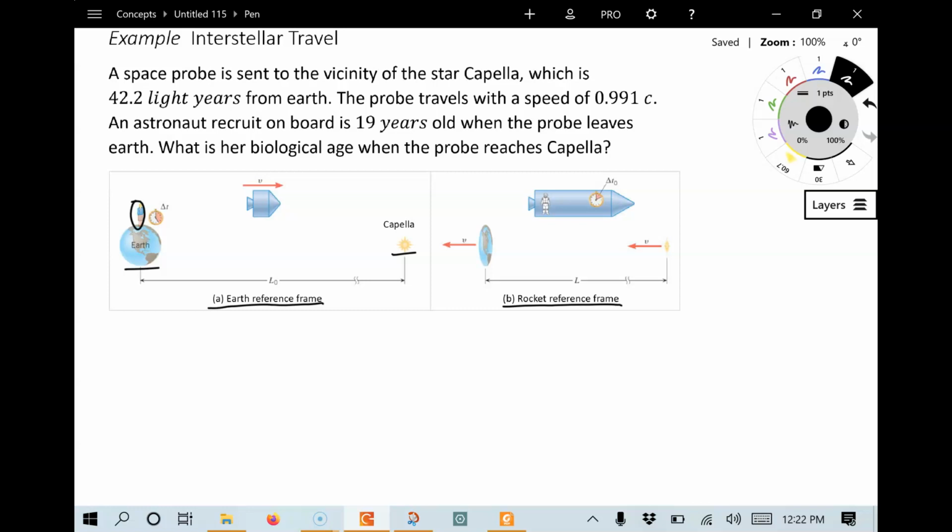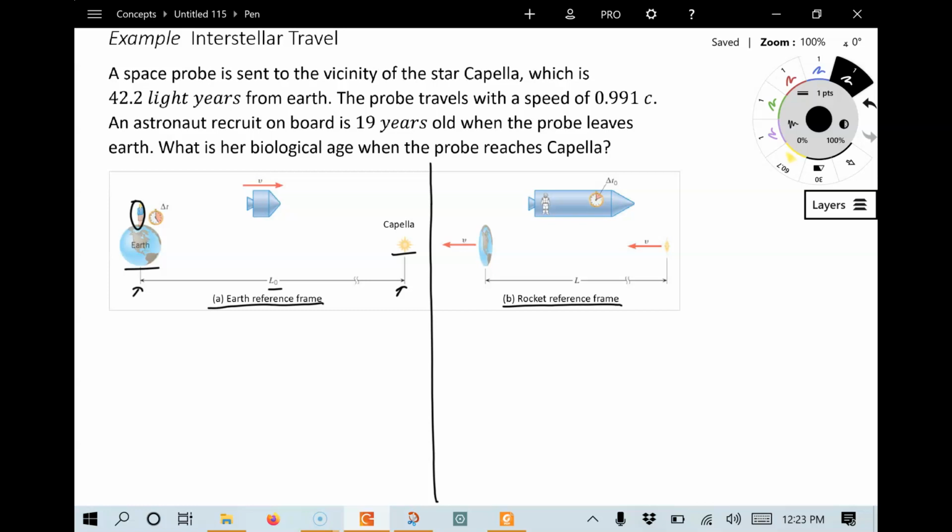Because of that, the distance L0 between them, these two points are not moving in the Earth's reference frame, so that is your proper length between Earth and Capella. And so let's go ahead and divide this up here so we can label the values for time, interval, distance between objects in the two reference frames.